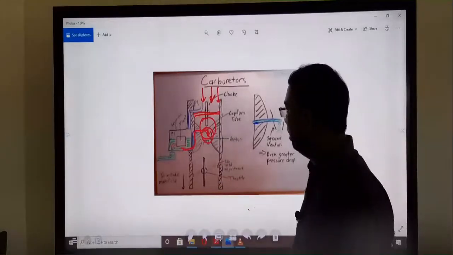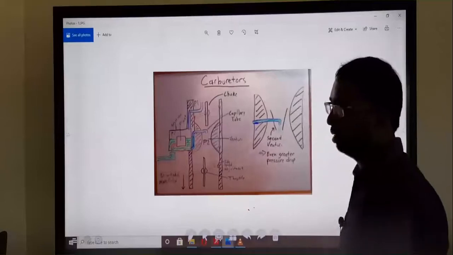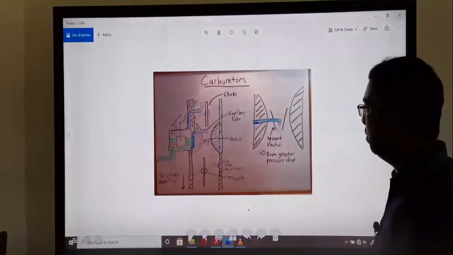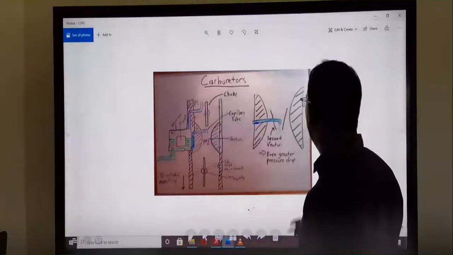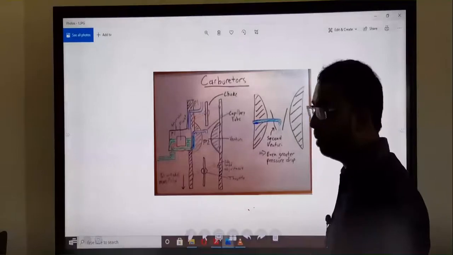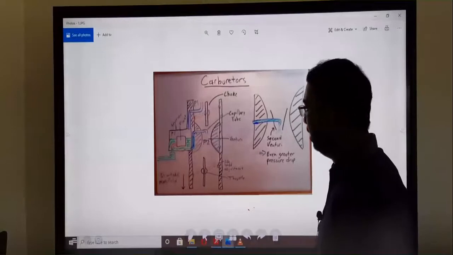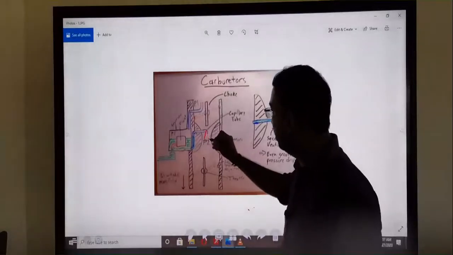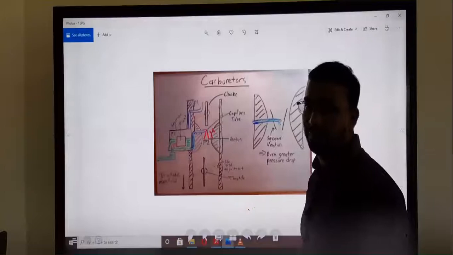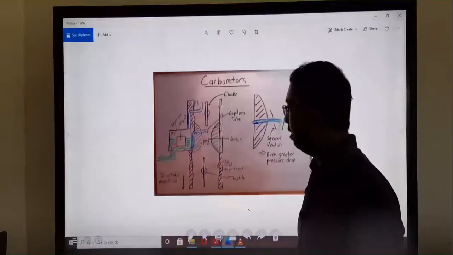The other problem in cold weather is that the fuel is only in liquid form because there is no vapor. In hot temperature, the fuel evaporates, and we get a very fine spray because the fuel is mixed with vapors. But in the cold the fuel is fully liquid.